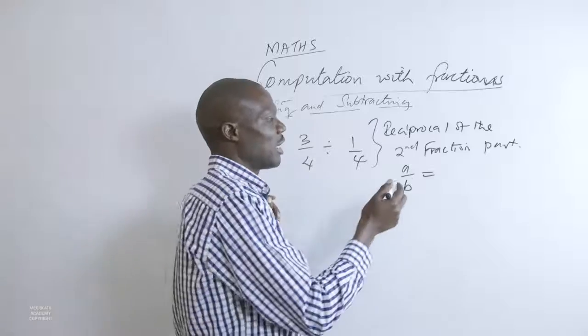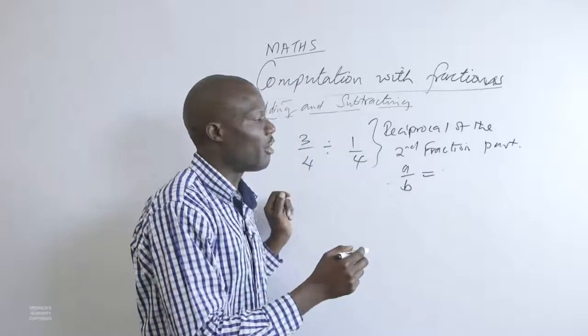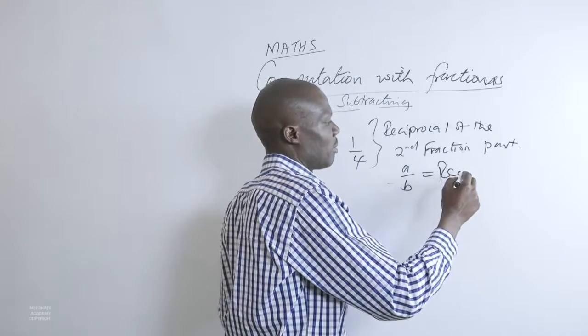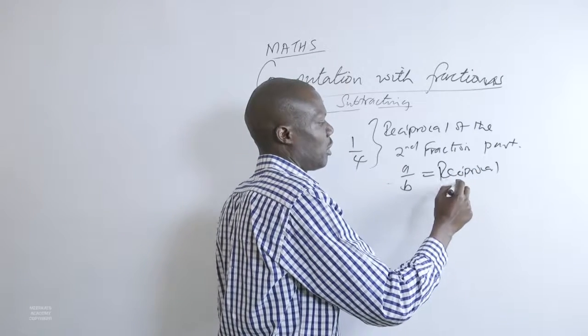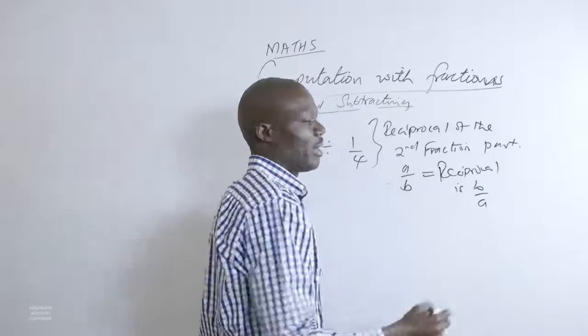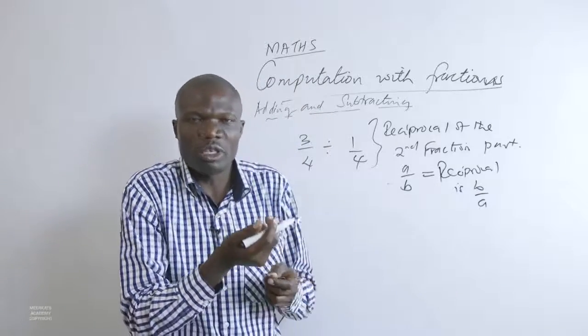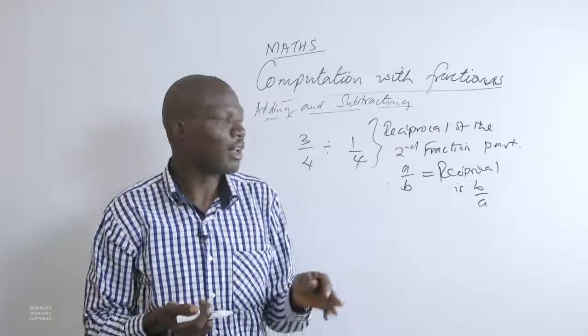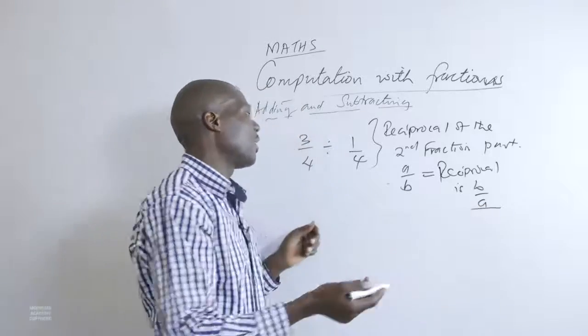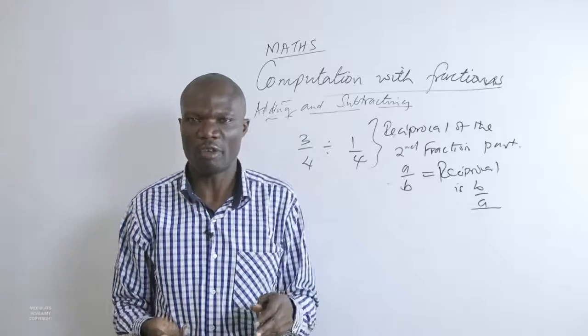So the reciprocal of A over B is B over A. We have swapped the numerator and the denominator, so what we have is the opposite. This B over A is the reciprocal of A over B.